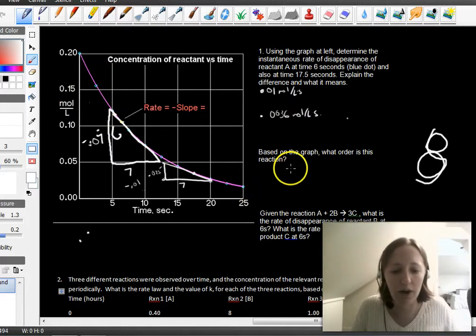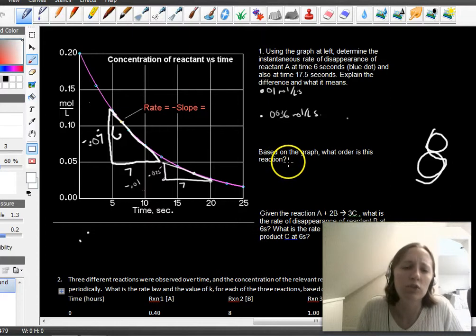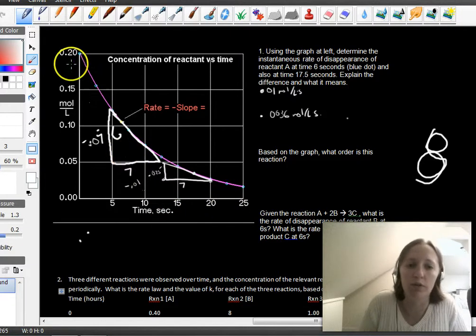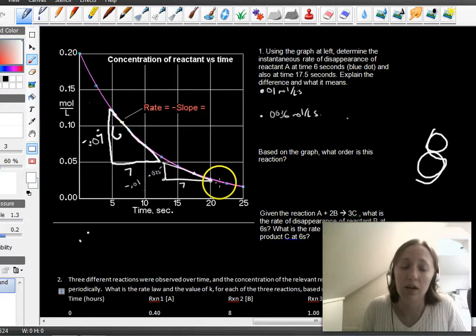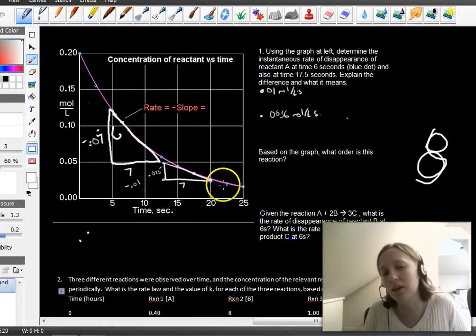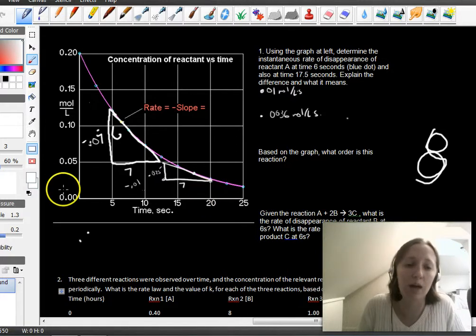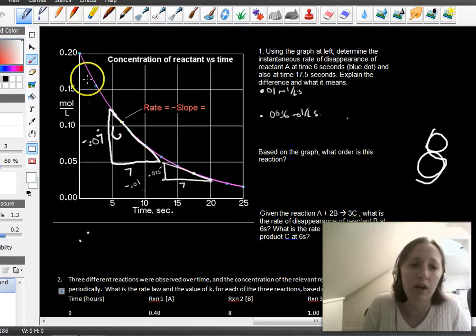All right, based on the graph, what order is this reaction? Just by looking at a graph of concentration versus time, first of all, we can tell this is not zeroth order because a concentration versus time graph of zeroth order is straight. This is first or second order, and so we can kind of look at it and go, well, does it look squaredy or cubey? Or what you can do is you can see what is happening to the half-life.